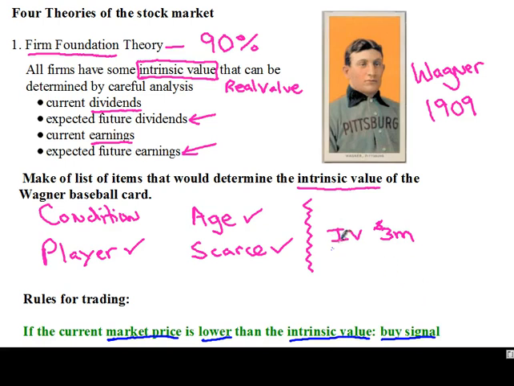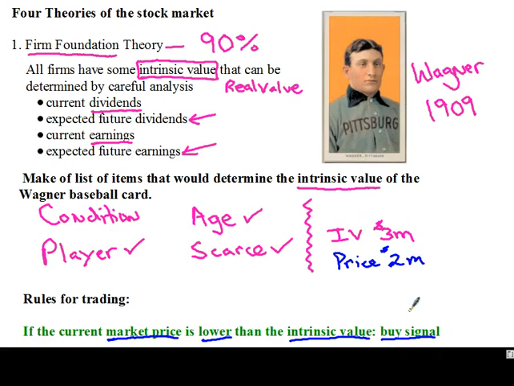So for example, let's say that I find that the current market price of a Honus Wagner baseball card is that people are currently willing to sell it for $2 million. That's the current price. Well, I would want to then buy the Honus Wagner baseball card. Why?